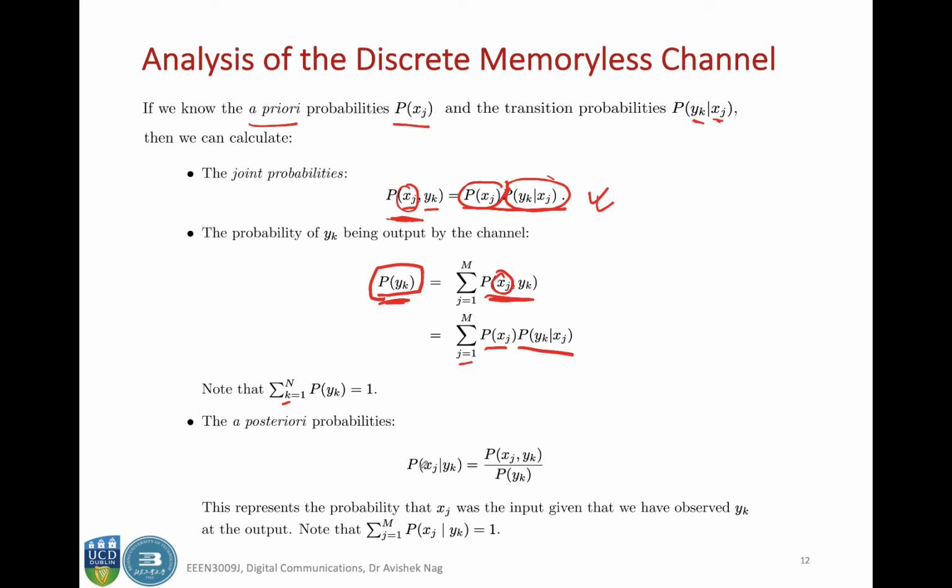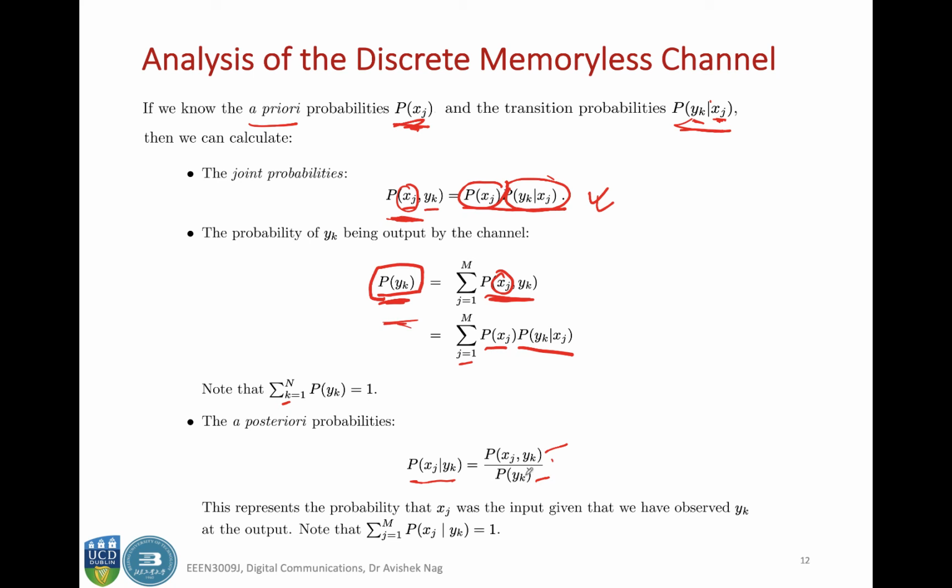Now let us define the a posteriori probabilities. The a posteriori probability is the probability of xj given yk. The a priori probability is the probability of xj, and the transition probability is yk given xj; the a posteriori is basically what you get if you flip the roles, xj given yk. This can be written as the joint probability divided by the probability of yk, and the probability of yk you have obtained here.